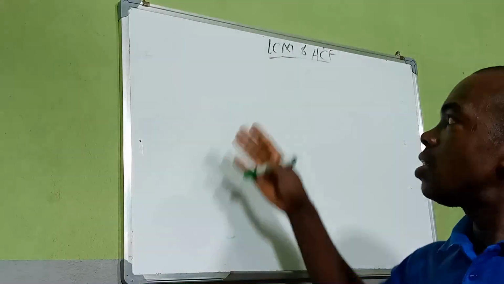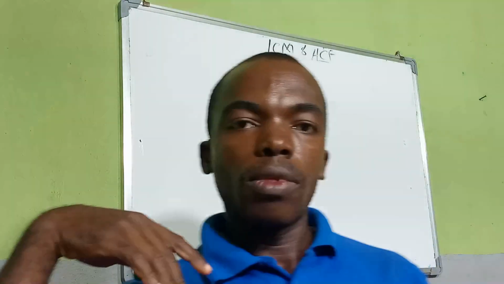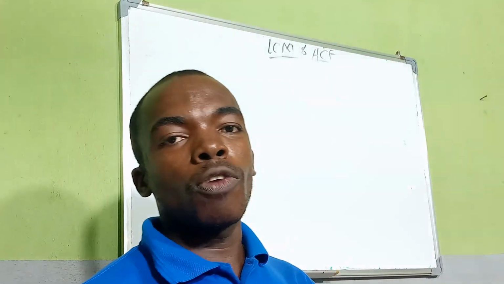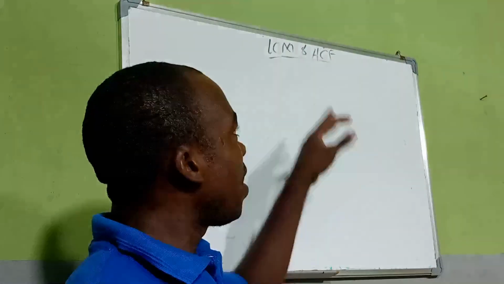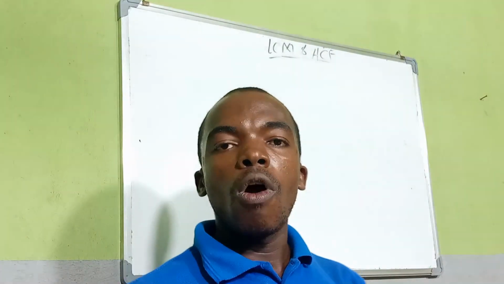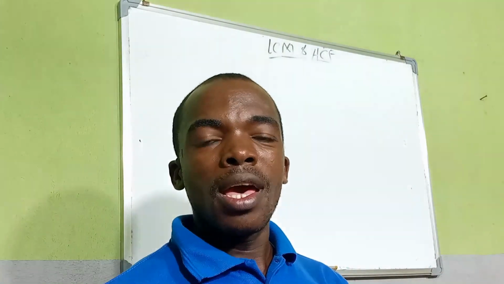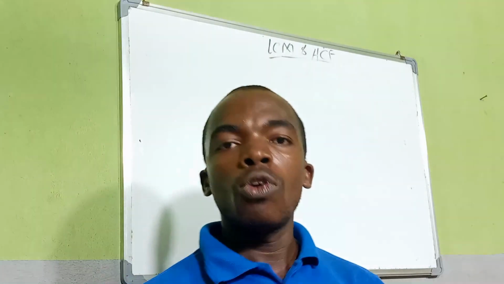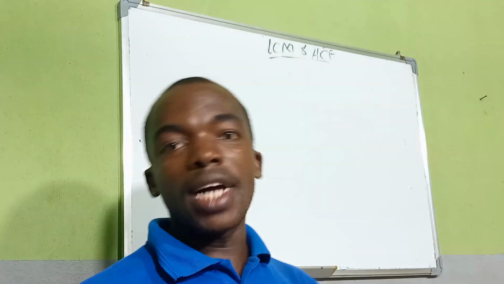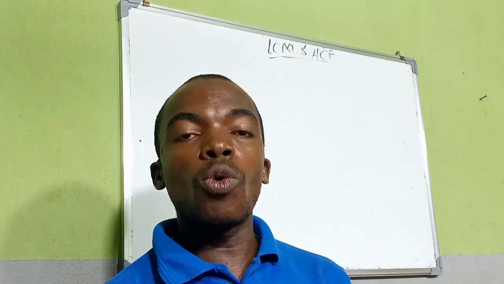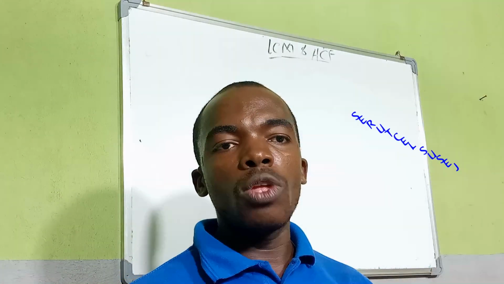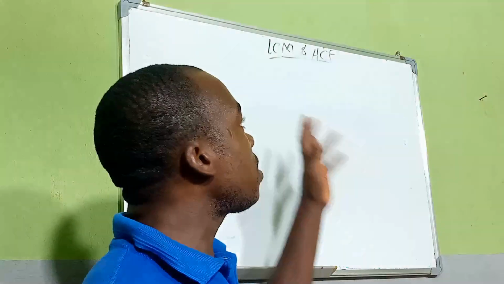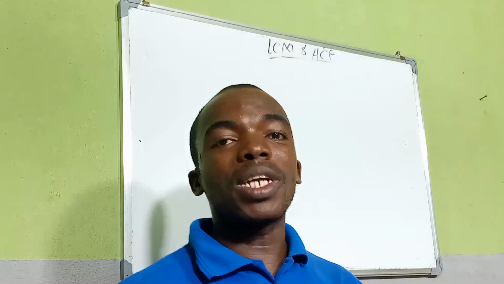We use LCM to solve for addition and subtraction of fractions, and we use HCF to solve for factorization and for breaking down fractions, bringing a fraction to the lowest term. When you want to reduce a fraction to the lowest term, we use HCF. When you want to factorize, you also use HCF. But LCM is used when you are adding or subtracting fractions.